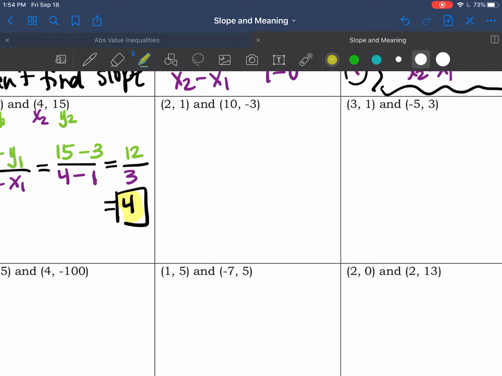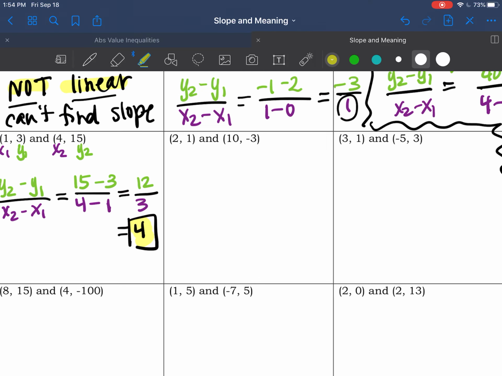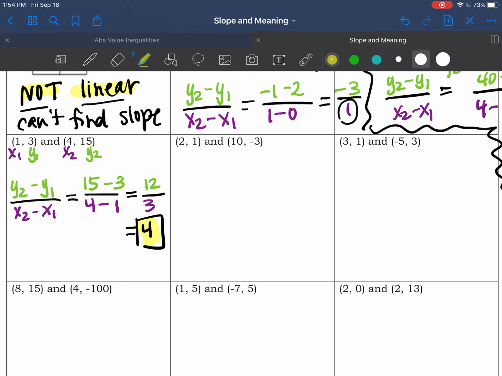Love it when the bigger number's on top and it simplifies nicely. No negatives.